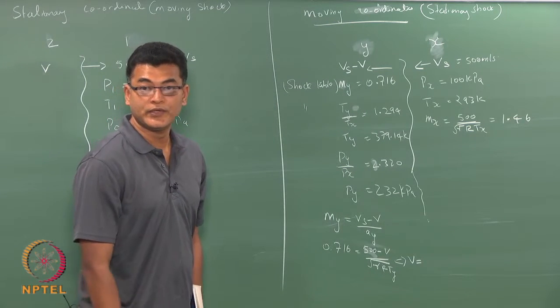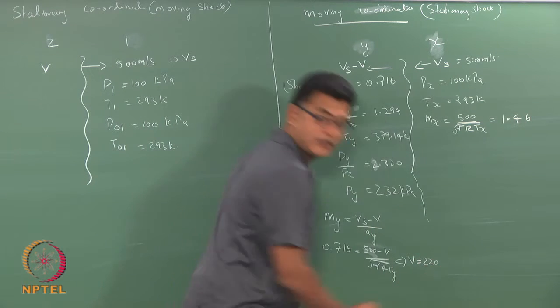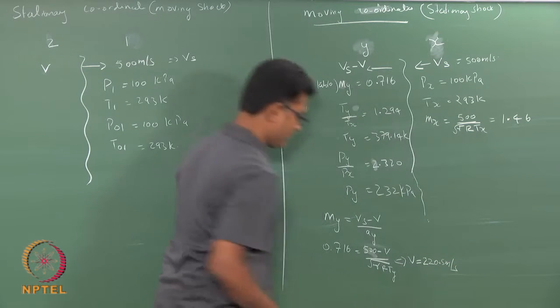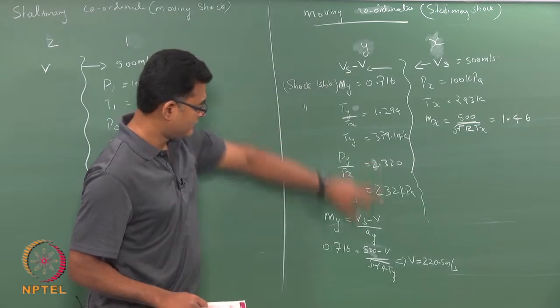V is 220.5 meters per second. Okay. So my V is now 220.6.